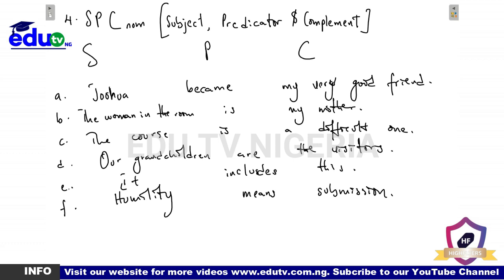Do we understand that? Now, back to all of this again. If you look at all of the things we have as complements, like I told you at the beginning of this class, the complement for pattern 4 is a nominal phrase or a noun phrase. And I told you that it's a complement intensive. Now, what do we mean by a complement intensive? That is a complement that refers back to an earlier mentioned item in the sentence.